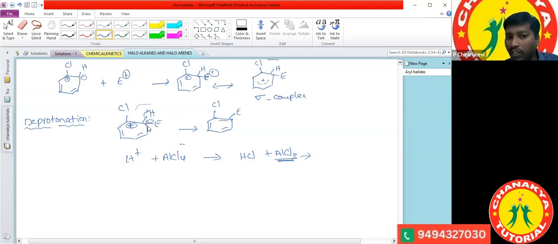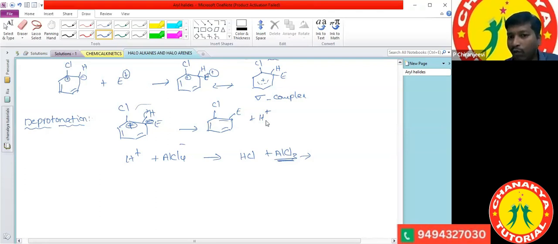When H plus comes out, this carbon gets a negative charge, because the hydrogen comes outside in the form of H plus and donates its 2 electrons to this carbon atom. That time this carbon gets a negative charge, and then a bond is formed between the positively charged carbon atom and the negatively charged carbon atom.